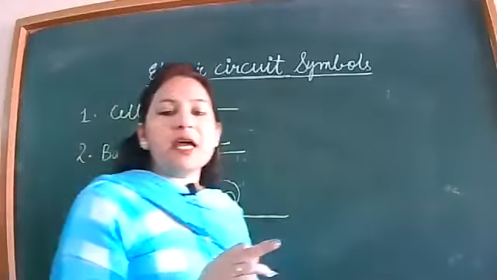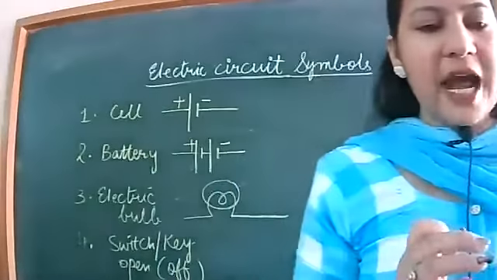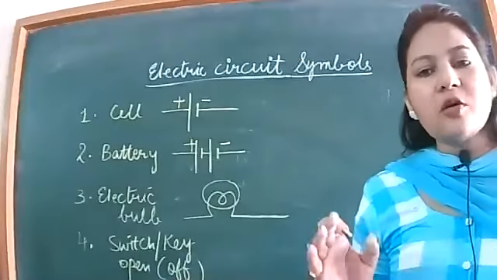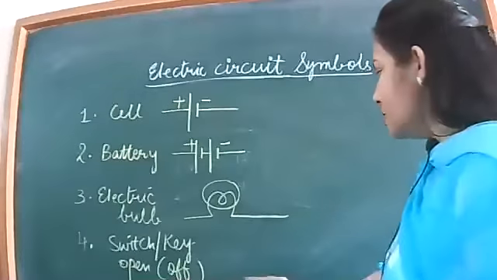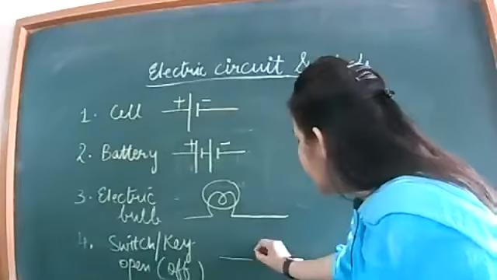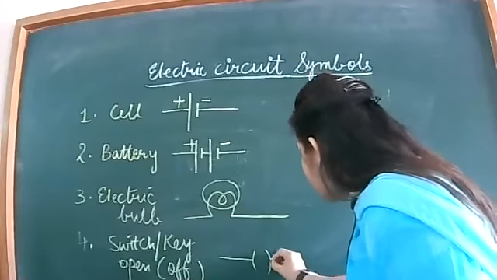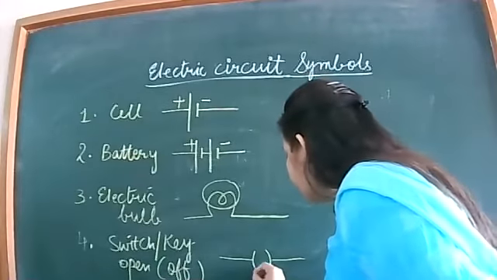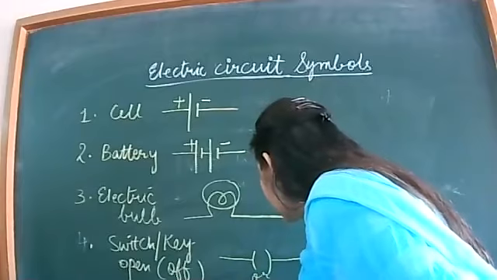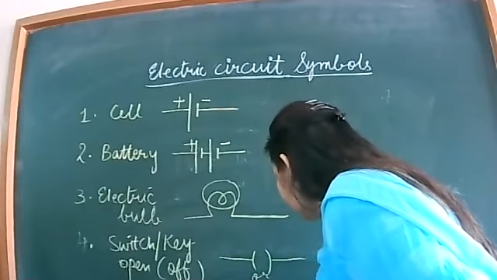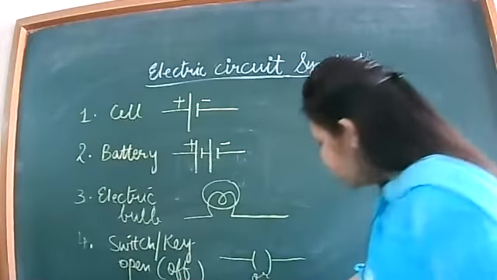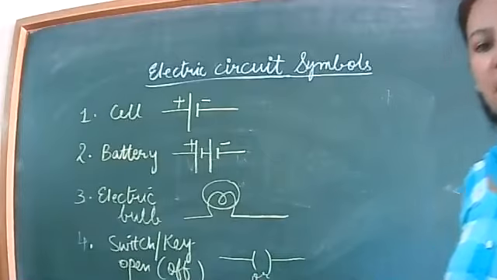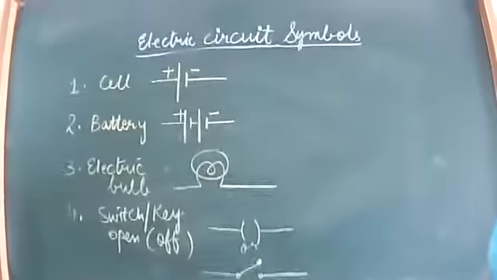We have not pressed the key yet. That open switch means off position. ठीक है? So what is the symbol? Either you can draw brackets like this, or you can use this symbol also. So this is the open part. You can see this is the open part.